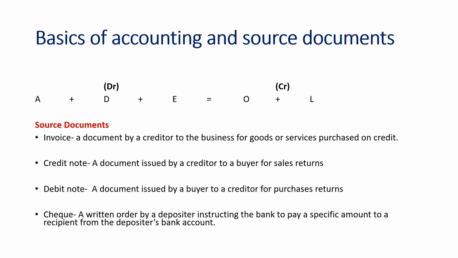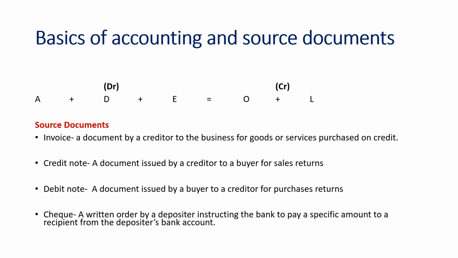Okay, let's go to number 2. Then we have a credit note. A credit note is a document issued by a creditor to a buyer for sales returns. What does this mean, guys?